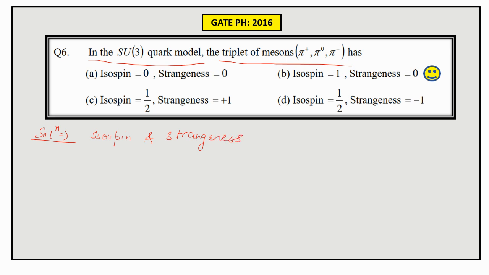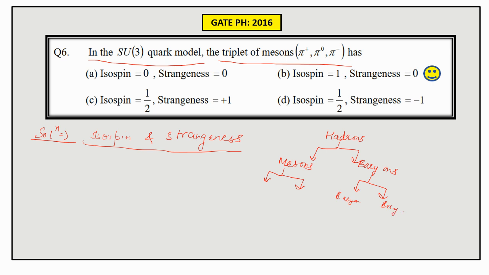these mesons. So you know very well that hadrons are classified into two categories: baryons and mesons. They are further classified into two categories. Same goes for baryons: baryons and baryon resonances.